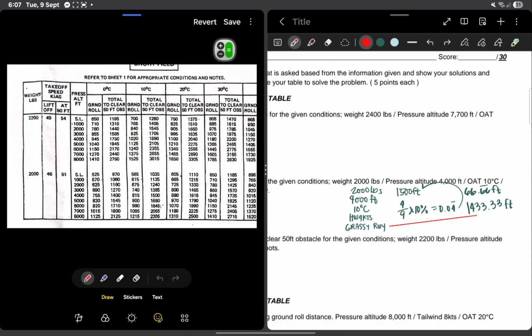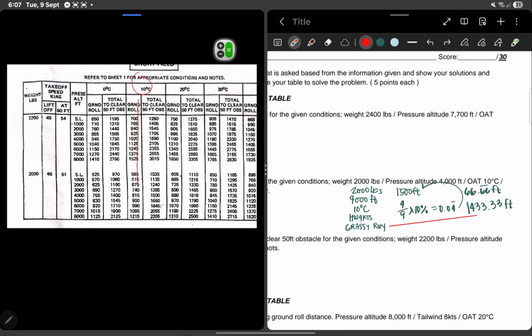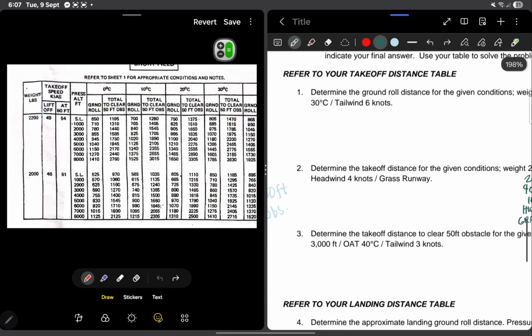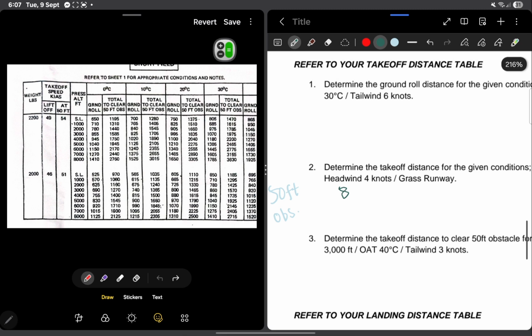For 10 degrees at ground roll figure, 4,000 pressure altitude, our value is 815. So that's our value, 815 feet.